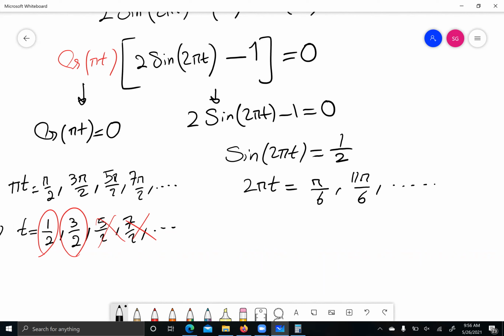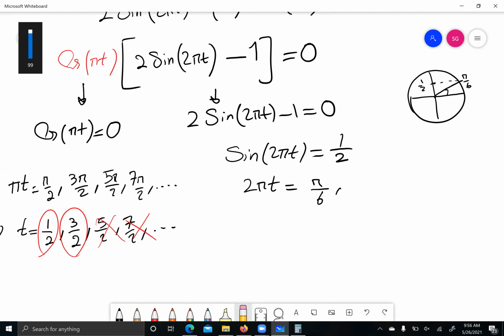So if you divide, and maybe I write more. Look, if sine is half, it's either pi over 6, or this one, which is pi minus pi over 6.